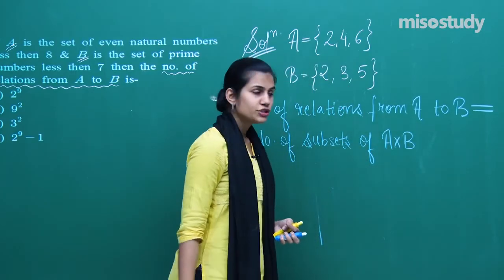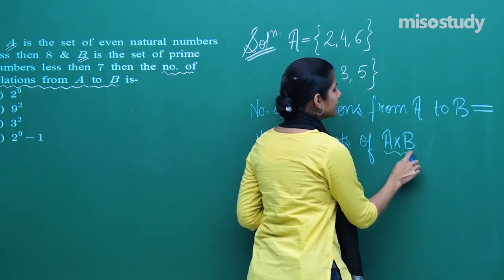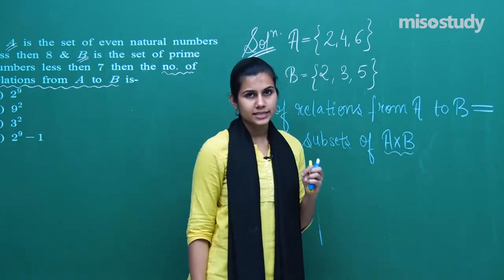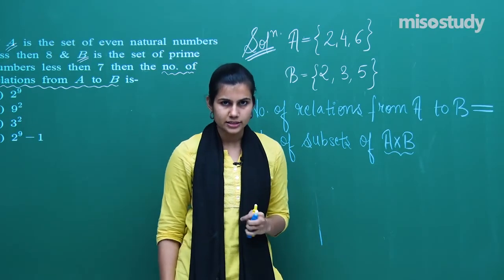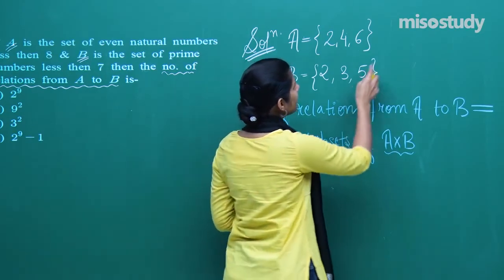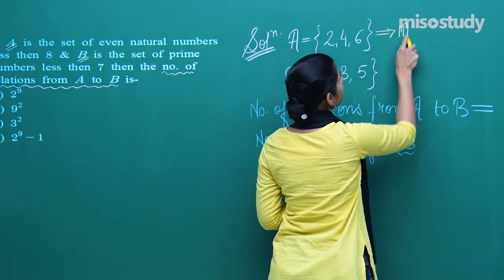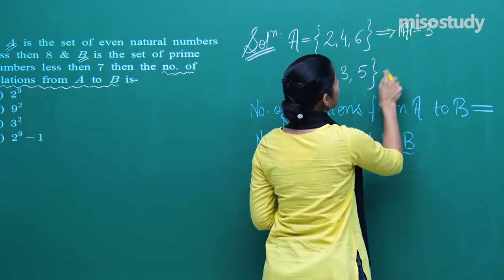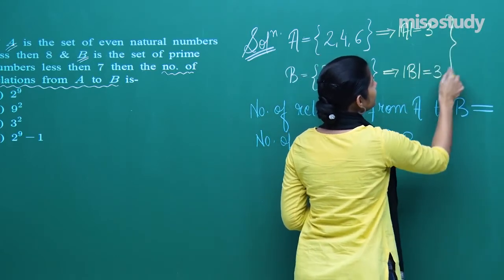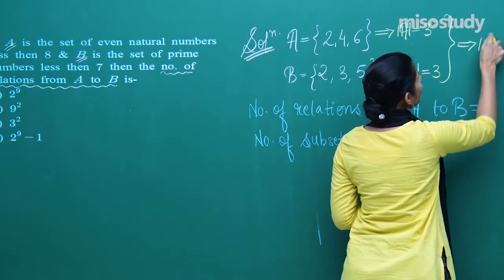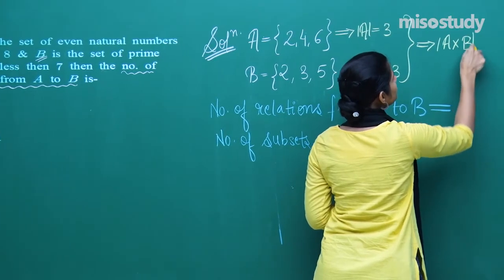And I just told you that if you know the number of members sitting in a set, you can find out the number of subsets that set possesses. If A has 3 members and B has again 3 members, this implies A cross B has how many members?